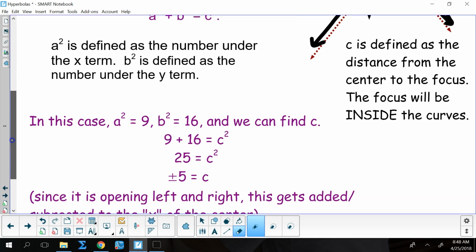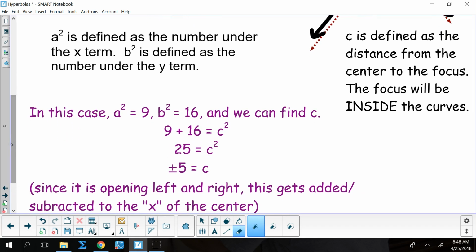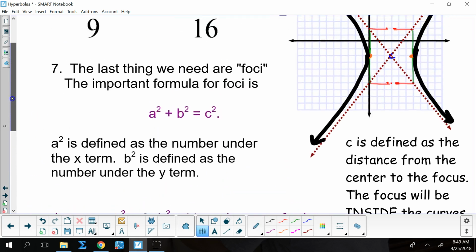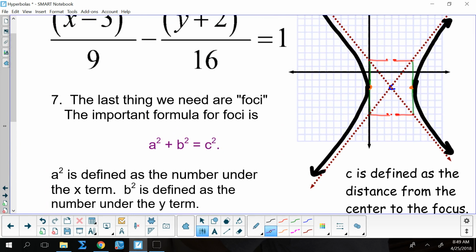We get plus or minus 5. But since it's a distance again, we're going to go 5 in each direction. So since it's opening left and right, this gets added and subtracted to the x part of the center. So my focus here is going to be 5 to the right of the center, and 5 to the left of the center.